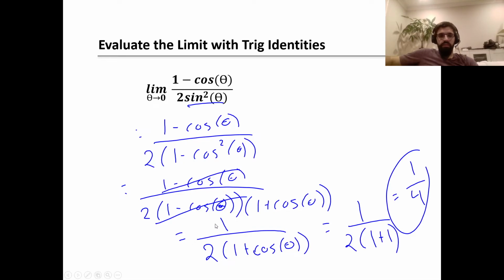That leaves me with a similar expression of 1 over 2 times 1 plus cosine of theta, which fills the hole at theta equals 0. Cosine of 0 is equal to 1. So if I use direct substitution in this function, we get 1 over 2 times 1 plus 1, or 1 over 4. So the limit of our original function is 1/4.